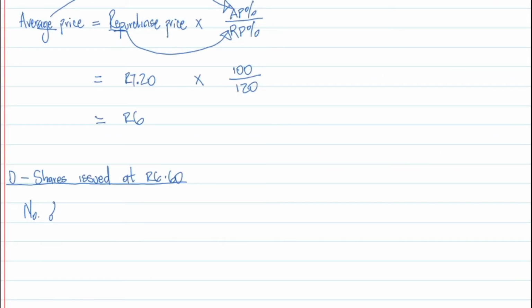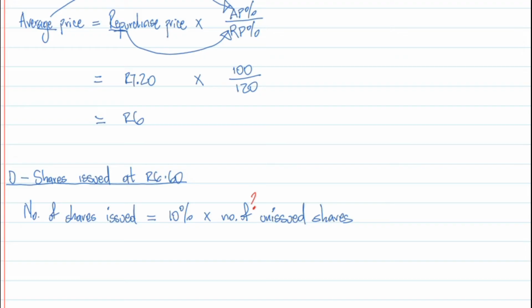This means that the number of shares issued on 1 March 2023 is equal to 10% multiplied by the number of unissued shares. So what are unissued shares? Well, these are shares that have been authorized but are not yet issued by the company.